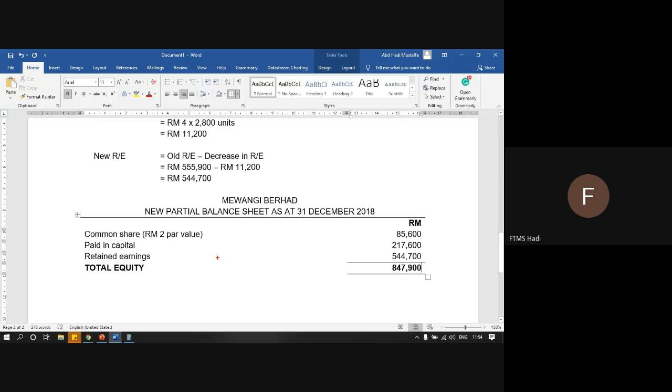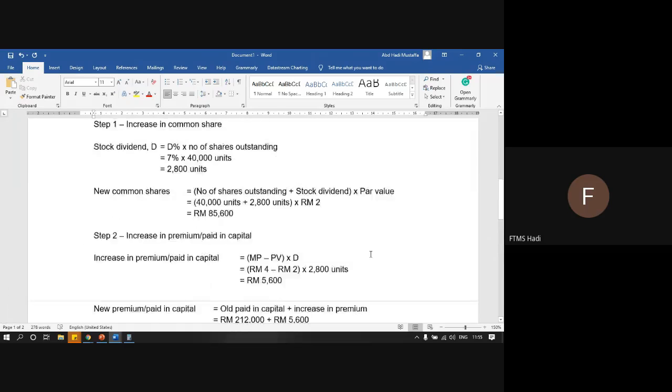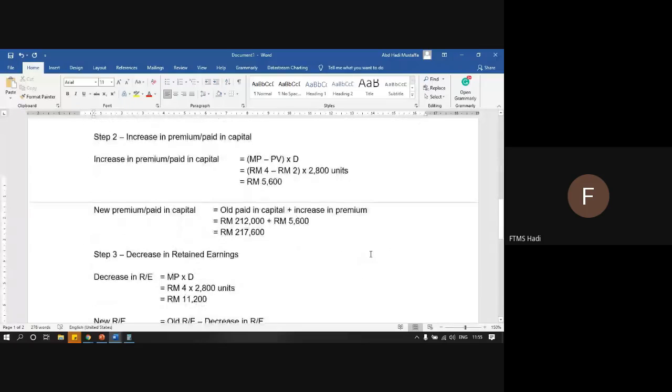They are transferring the amount from retained earnings to common share and paid in capital, and the amount added to common share and paid in capital will reduce retained earnings. So the relationship here is both are increased, but this one is decreasing, because they are shifting the amount. If you got the same answer as the question, that is the correct way. But if you got a different answer, there is something wrong with your working, so you need to check back. That's why it is 15 marks.